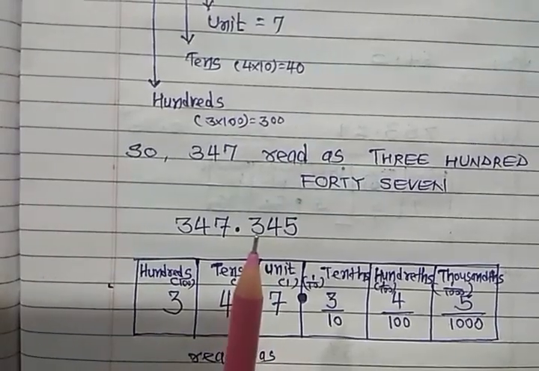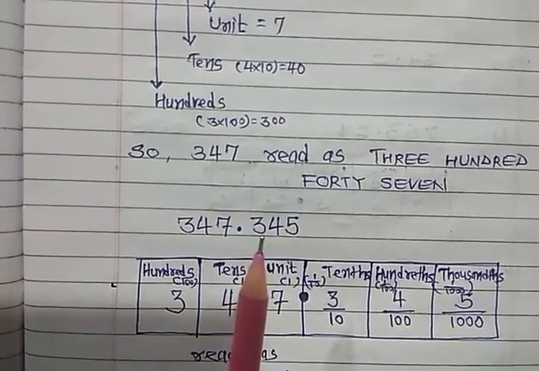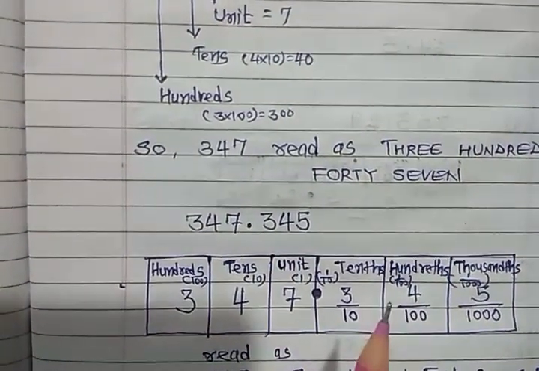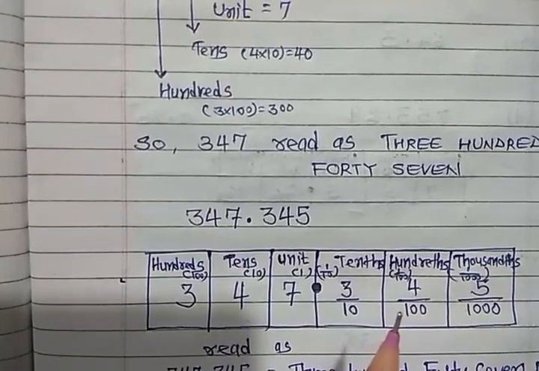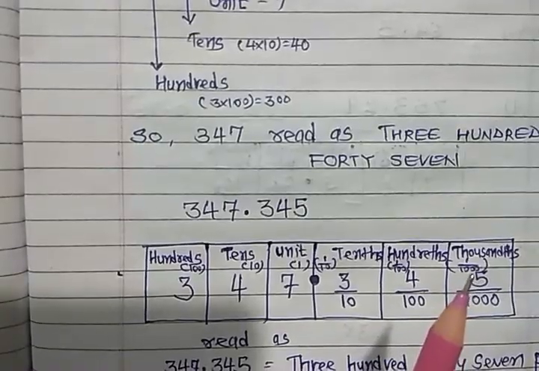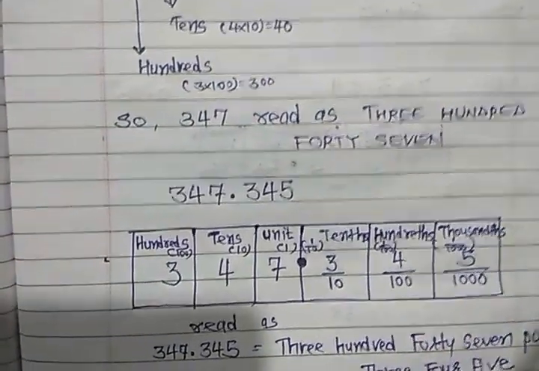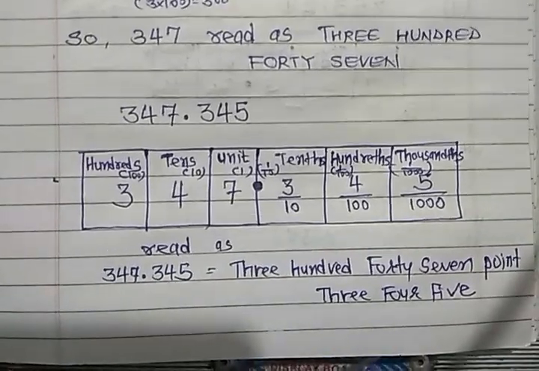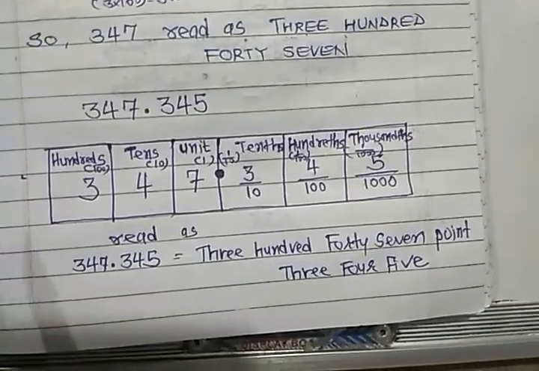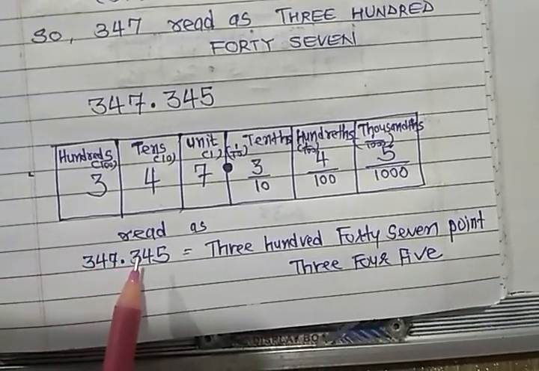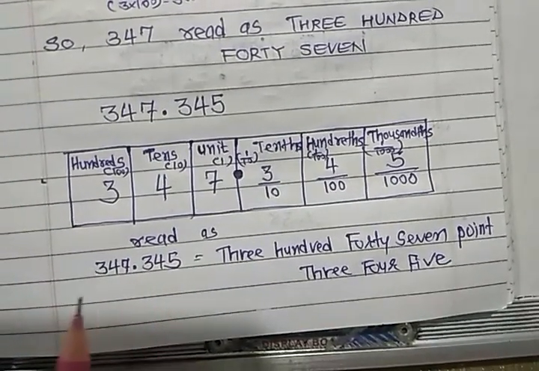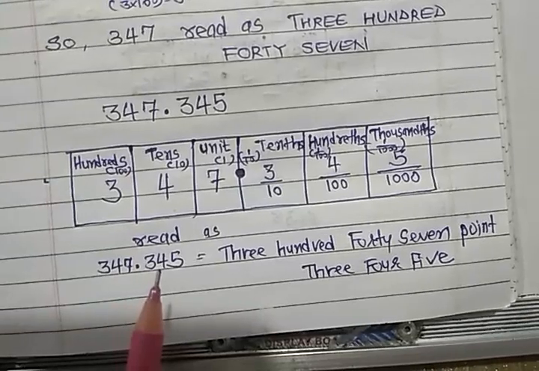Here this 3 is in the tenths position, so we write 3 upon 10. 4 is in the hundredths position, so we write 4 upon 100. 5 is in the thousandths position, so we write 5 upon 1000. So we read this number as 347.345, but we cannot read it as three hundred forty-seven point three hundred forty-five.